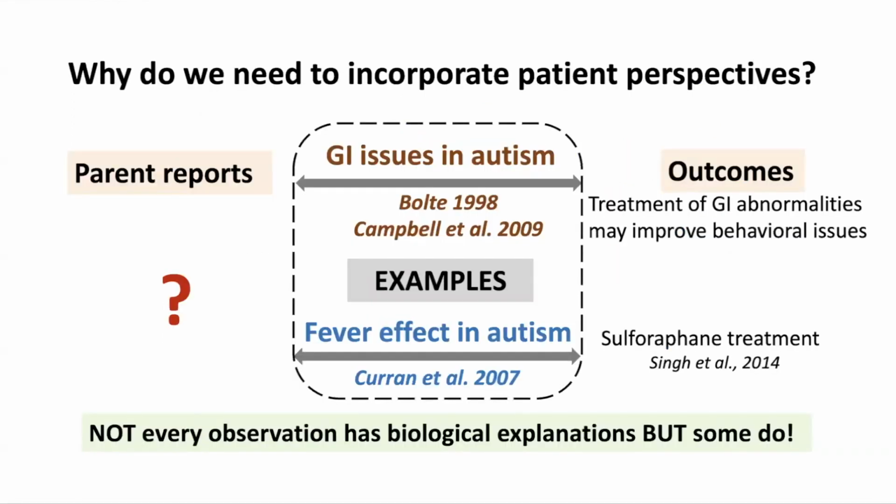But why do we need to incorporate patient perspectives? Let me briefly describe two examples to address this question. Example one is that parents have frequently raised concern about GI issues in autism.